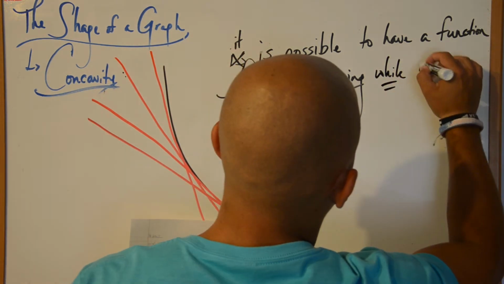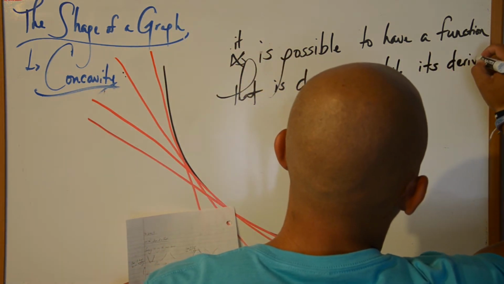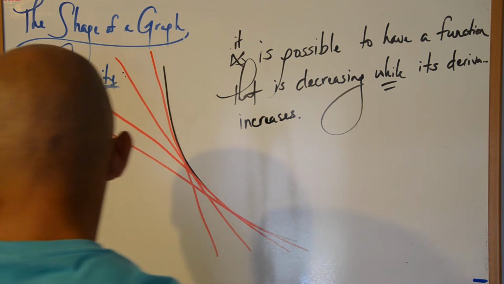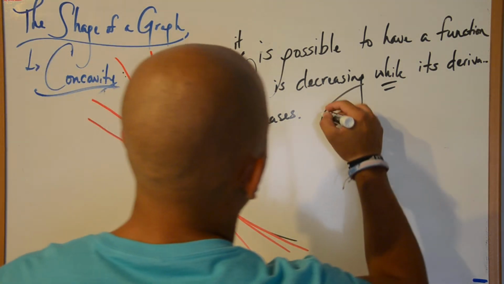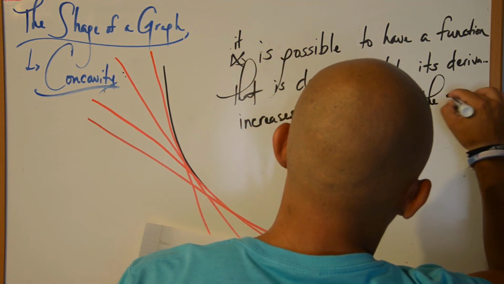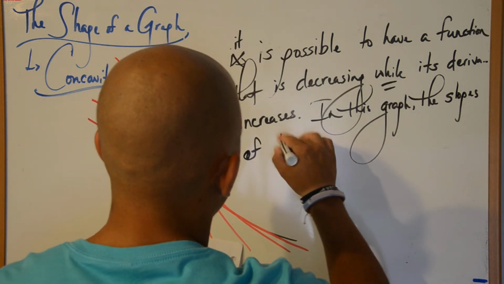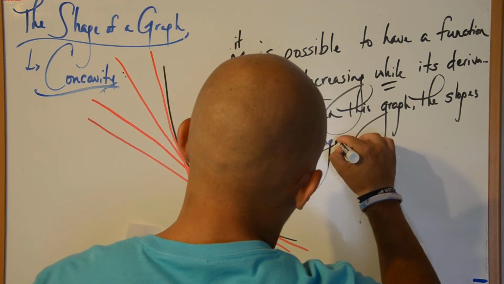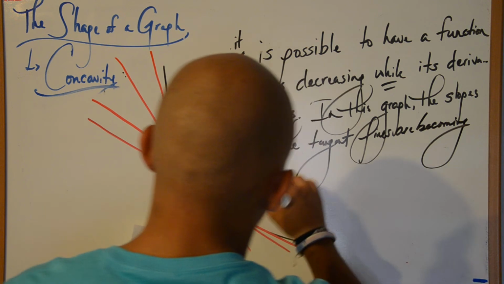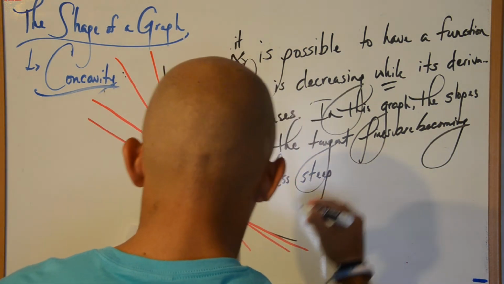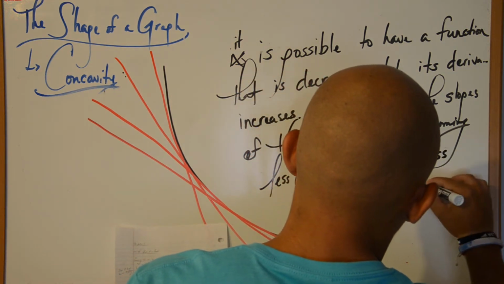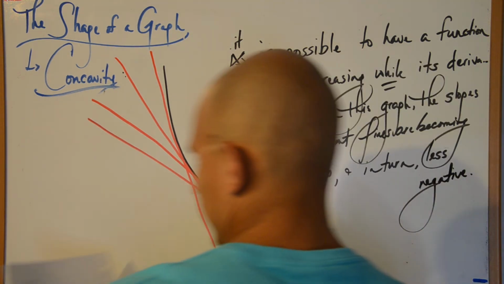while its derivative increases in this graph. The slopes of the tangent lines are becoming less steep, and in turn less negative.